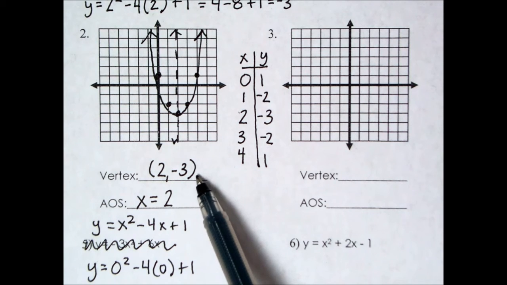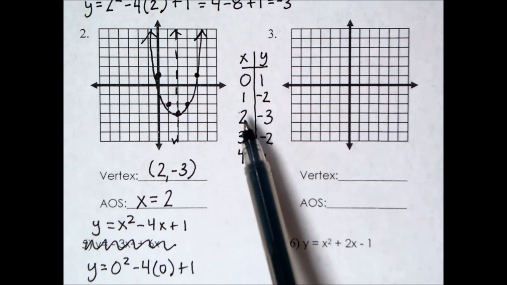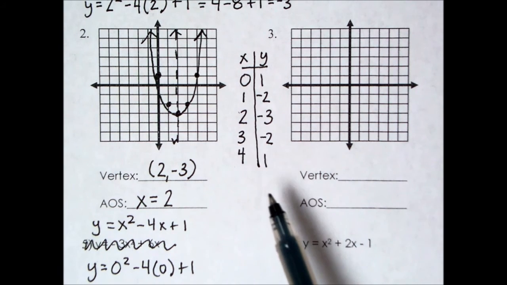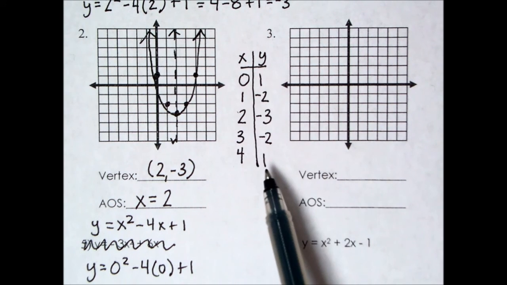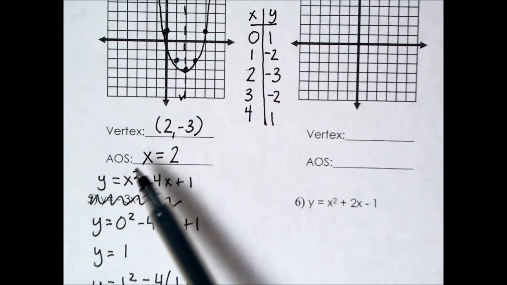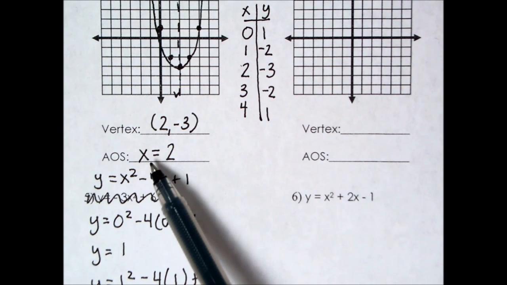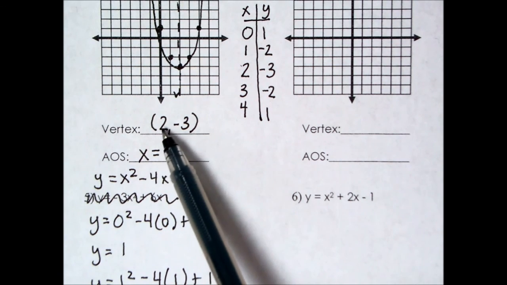Then you take your vertex and you plug it into the middle of the table and pick values for x that are equidistant from that vertex. And then once you plug all that information into your calculator and get your values, you're ready to graph. Don't forget to state your axis of symmetry, which will be an x equals equation: x equals the value of the x in the vertex.